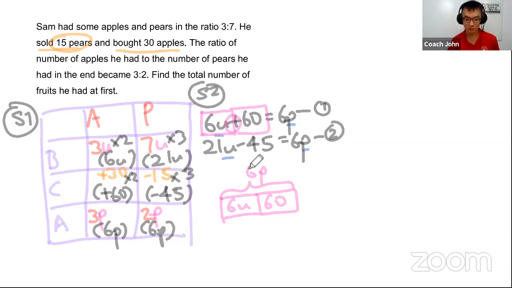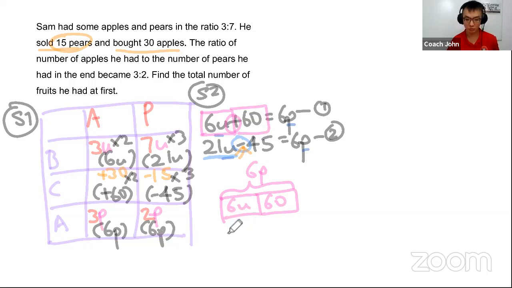Now, minus. How do you actually deal with minus without going through the set 1 algebra way? Let it be a story. 21u is really long, such that you must cut away 45 to bring it back to 6p.